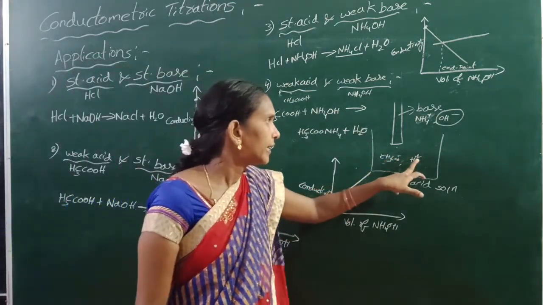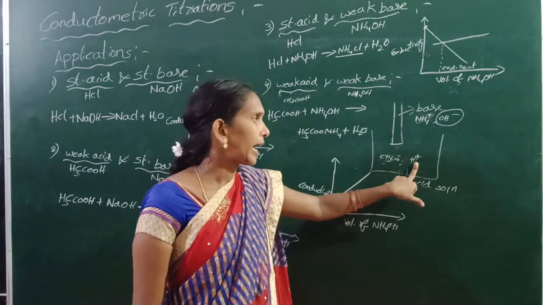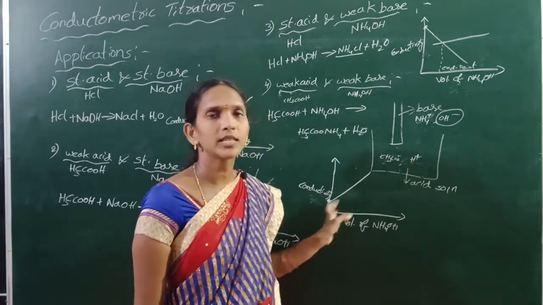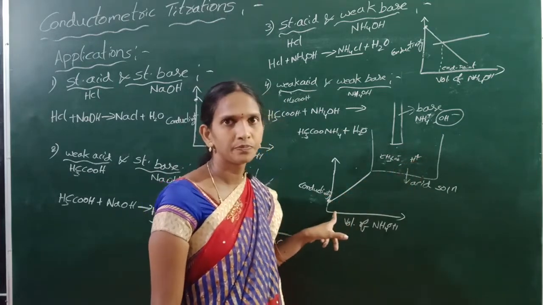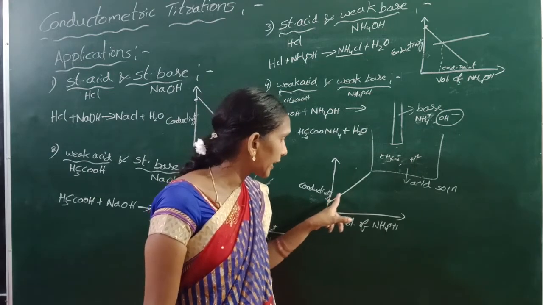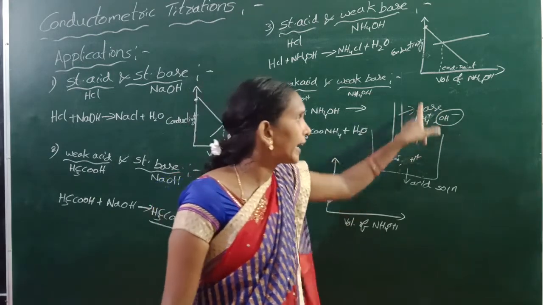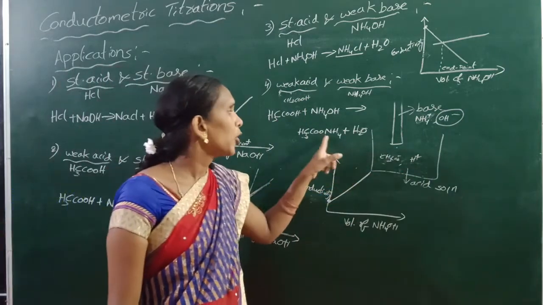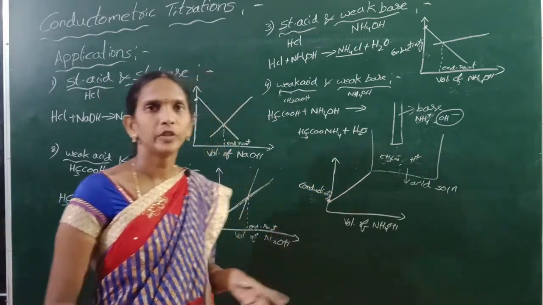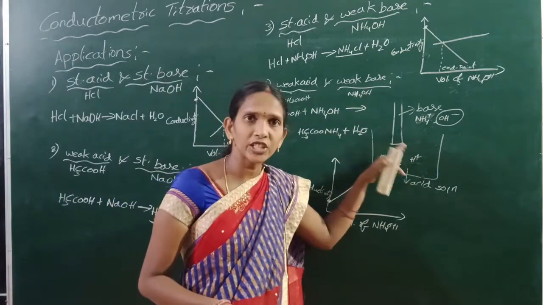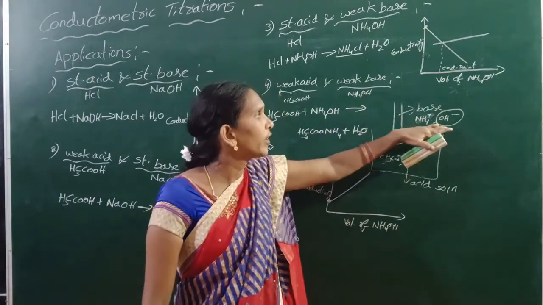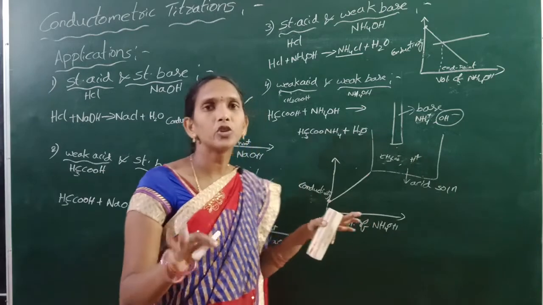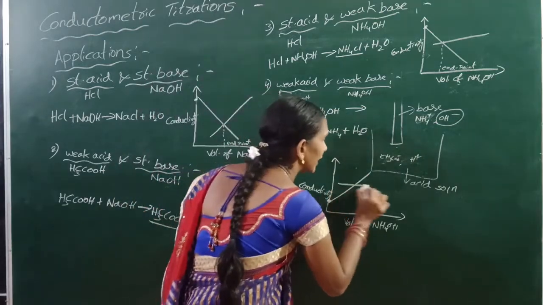Initially the conductivity is low because of low ionization. Then it increases by adding NH4OH solution, as ammonium acetate is formed. After complete neutralization, further addition of NH4OH, there is no change in conductivity values.